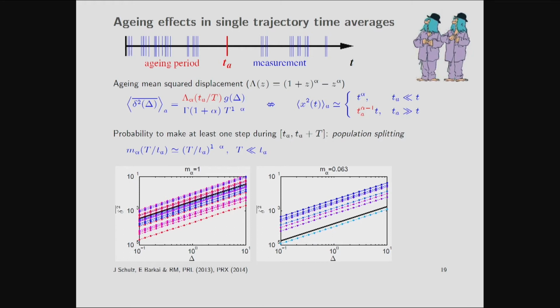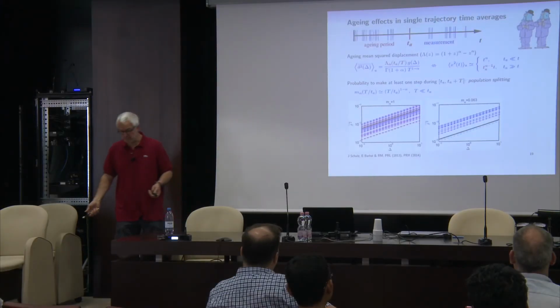All the physics is encoded in the delta dependence, whether it be the free motion or the confined motion or whatever. All the dependence on the aging is summarized in a coefficient. That's a very beautiful property. It's much better than the ensemble average, where you actually see crossover dependencies as a function of TA. Now, is all this relevant, what I'm telling you?